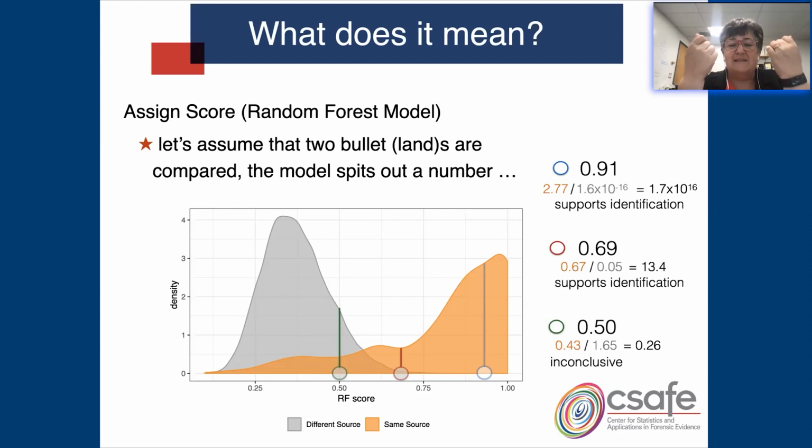So that probability should be very, very, very small. Here we're looking at scores from the random forest, and you can see that way more than half of the area is actually larger than 0.5.